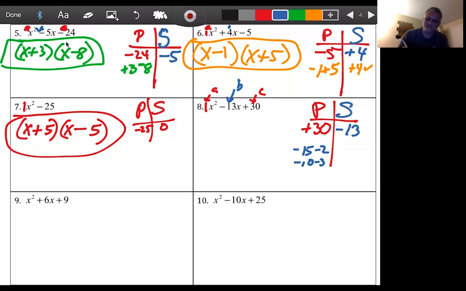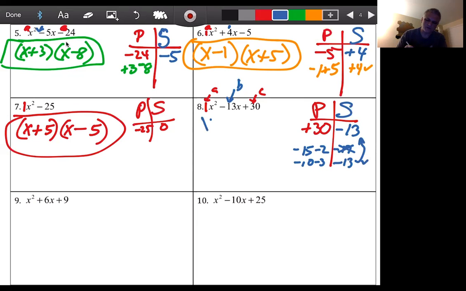Okay, negative 15 plus negative 2 is negative 17. That's not it. Negative 10 plus negative 3, okay, the sum of negative 10 and negative 3 is negative 13. Yes, indeed, that's the one.